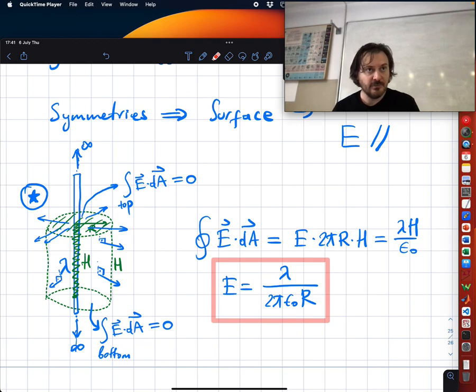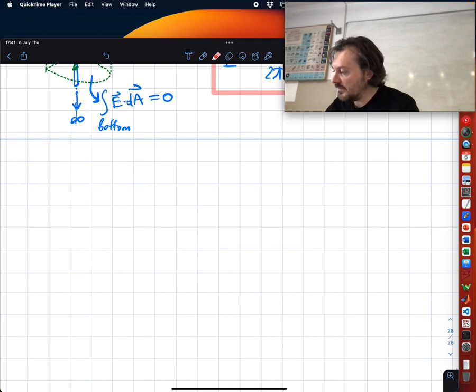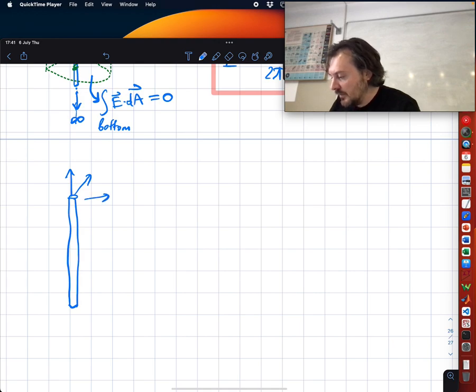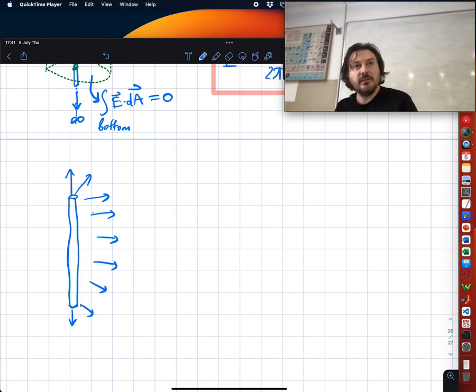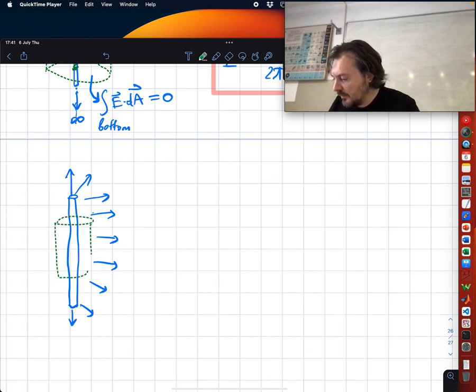Now comes your question. Why doesn't it work when it's finite, right? When it's finite, you know that the electric field over here is like this, over here is like this, it has a weird shape. So if you wrap it with a cylinder, then not all of these will be perpendicular, right?